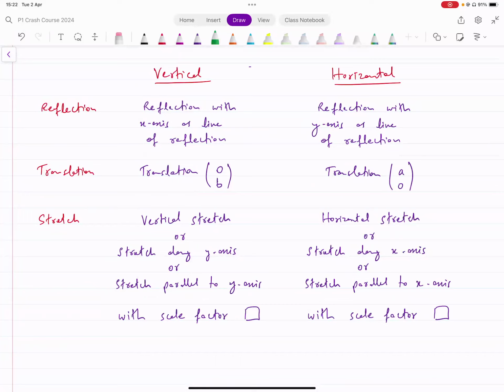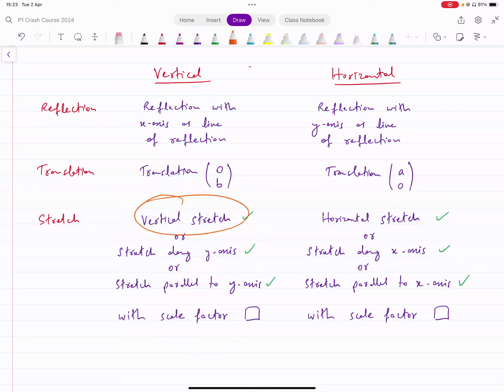And also, in stretch in particular, all of these three descriptions are acceptable along with the scale factor. So you have to write scale factor and one of those three phrases. But then just write one of them.